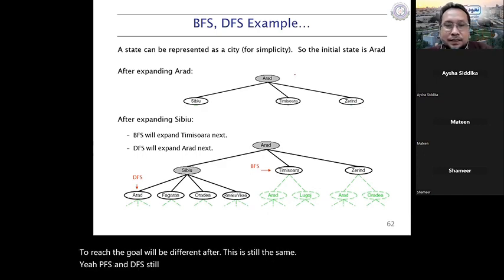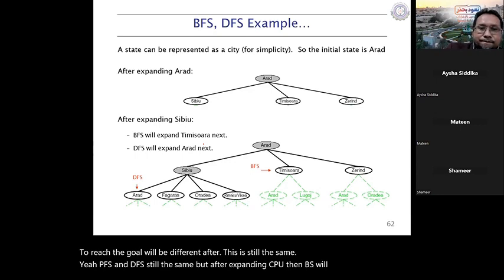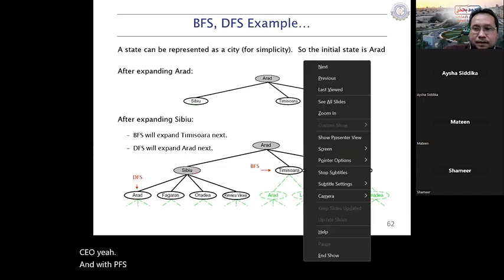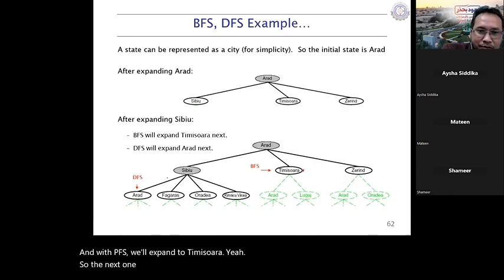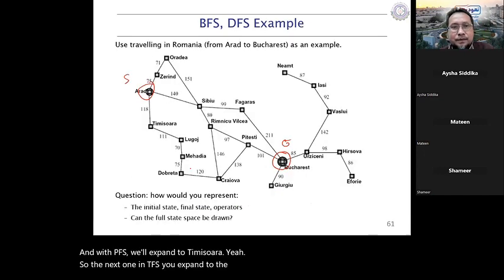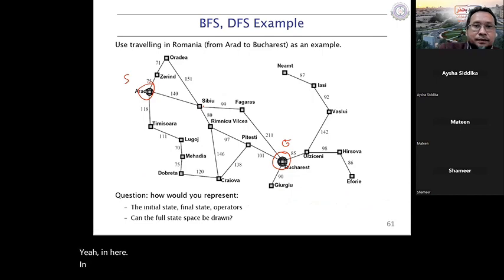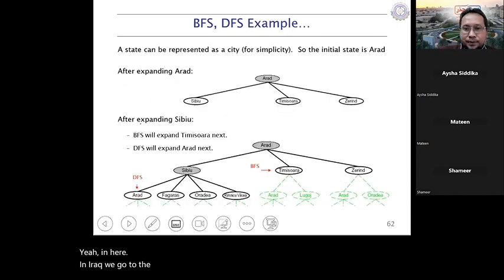But after expanding Sibiu, BFS will expand Timisoara next. So with BFS, the next one is Timisoara, the second one in Arad's branches.